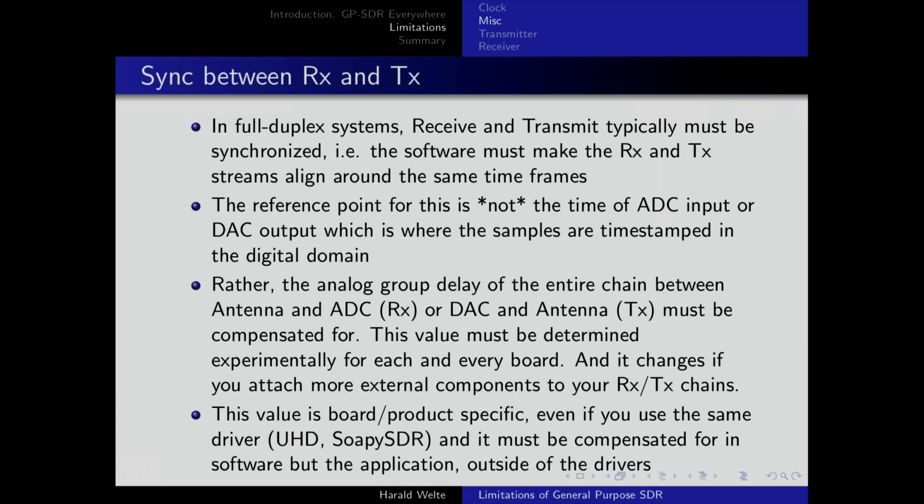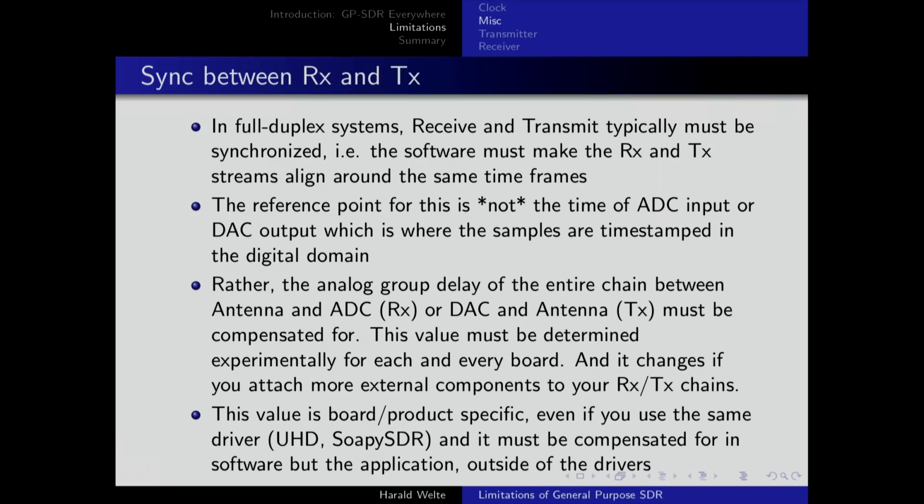And these values are different for every board, not every unit of a given device, but let's say if you have a USRP 2 or a USRP 1 or a USRP B200 or a LimeSDR, each of those boards or products has a different value that needs to be measured, and which the software needs to know to compensate for this analog delay that's in the signal chain. And if you attach additional external devices, then that also needs to be compensated for in order to be compliant with the required specifications.